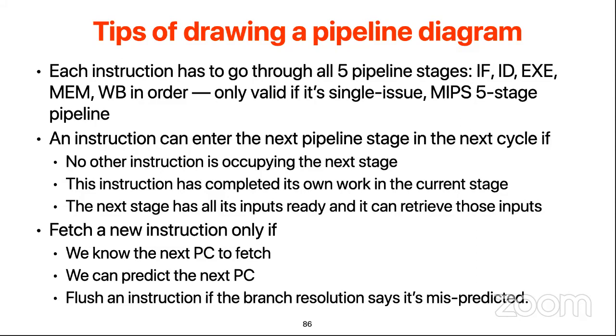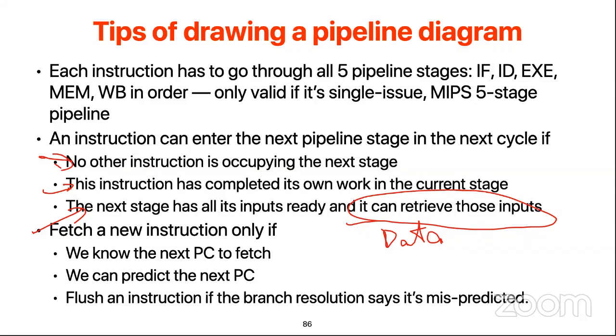An instruction can enter the next pipeline stage in the next cycle only if no other instruction is occupying the next stage, the instruction has completed its own job at the current stage, and the next stage has all its inputs ready and can retrieve those inputs. When I say this, it means data forwarding, right? So these are the three guidelines regarding whether we can move to the next stage.